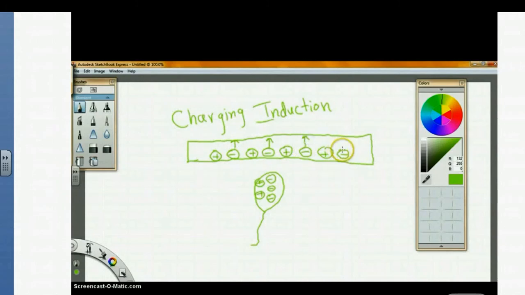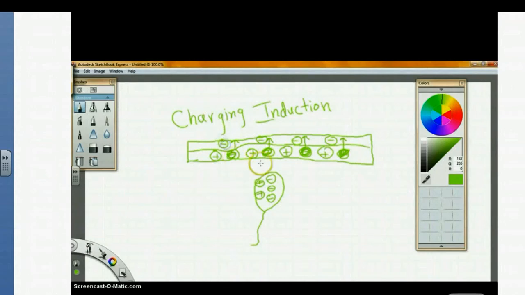Even though the ceiling tile as a whole is electrically neutral because it still has the same number of protons and electrons, it gets divided into almost 2 different areas. No longer is this one here, it's moved up here. No longer is this one here, it moved up here. No longer is this one here, it's moved up, and the last one did the same thing.